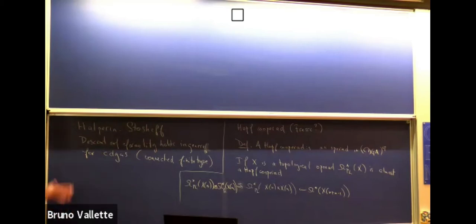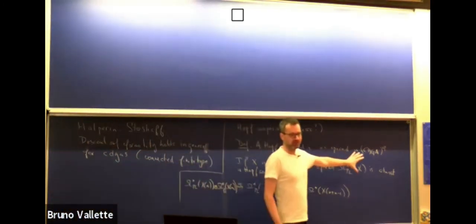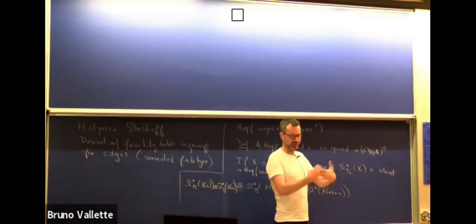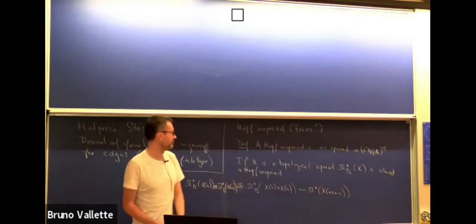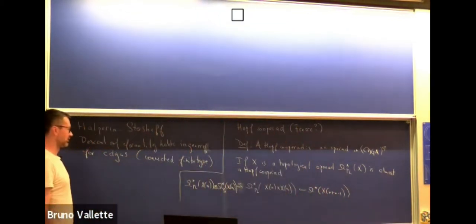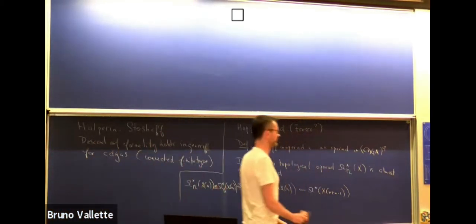So there are different ways to deal with this. Actually, Fresse, in his book, constructs a version of Omega star PL which sends topological operads to Hopf operads, and which is quasi-isomorphic to the standard Omega star PL.